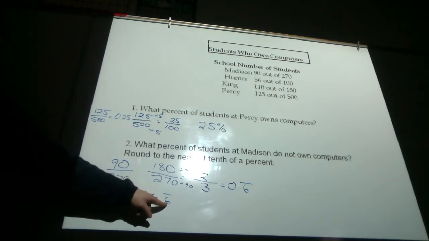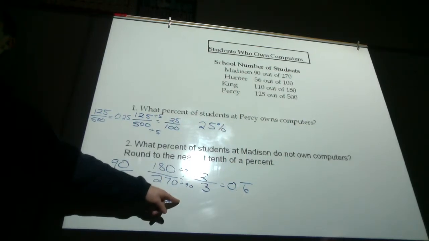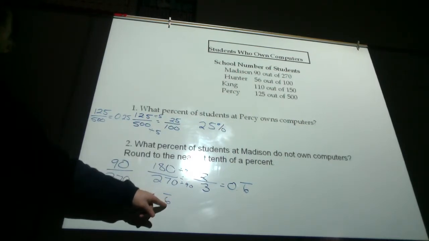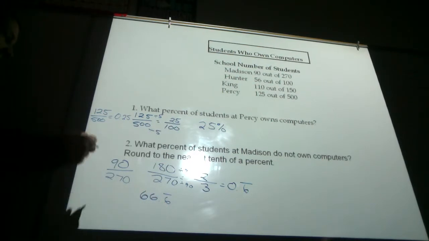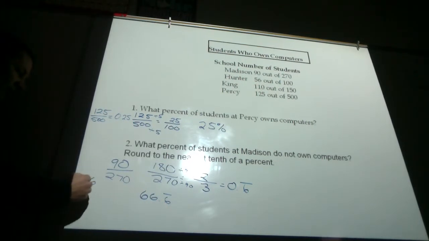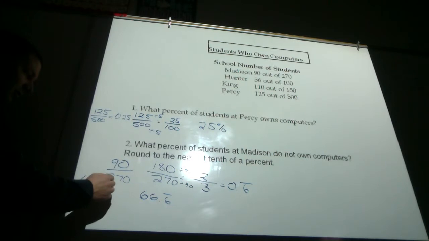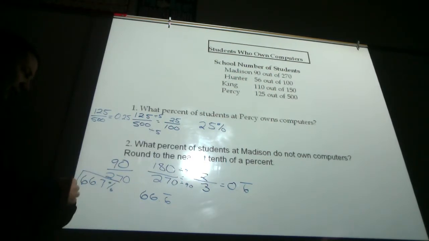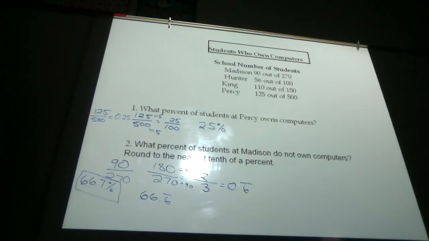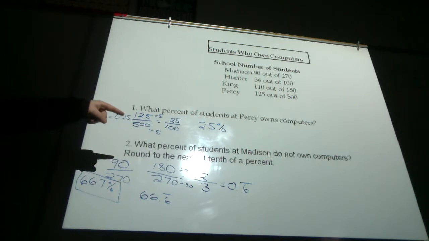Here's the 10th of a percent. The next door number is higher than 5, so we need to round up that 10th. My answer for this one is 66.7%. That's rounding to the nearest 10th of a percent. It says 10th of a percent.